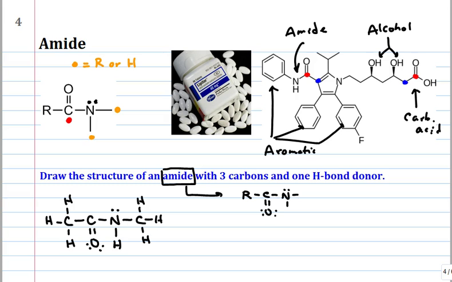I didn't give you a formula here. I gave you 3 conditions. An amide, 3 carbons, 1 H bond donor. Does this molecule fit the criteria I ask you to meet in the question? I say yes. And you may see this drawn, and you can draw it this way if you wanted to.